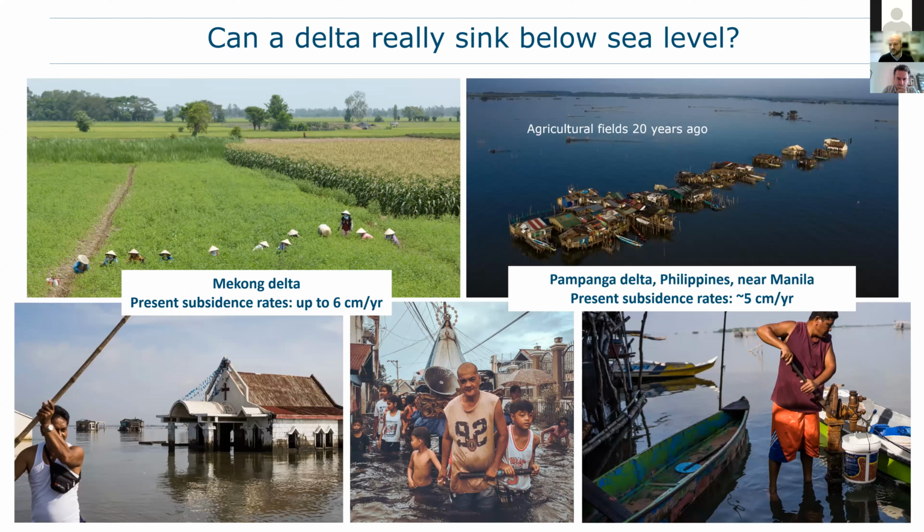And the village that we see here used to be a village living from agriculture about 20 years back. And as you can see now, it is permanently inundated, and people need to go to church by boats and try to sustain their traditions while having these water issues everywhere. And still this area is sinking 5 centimeters per year.